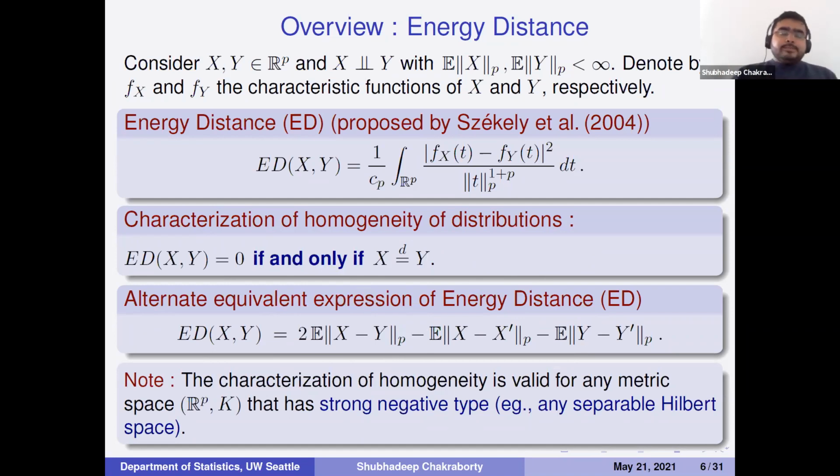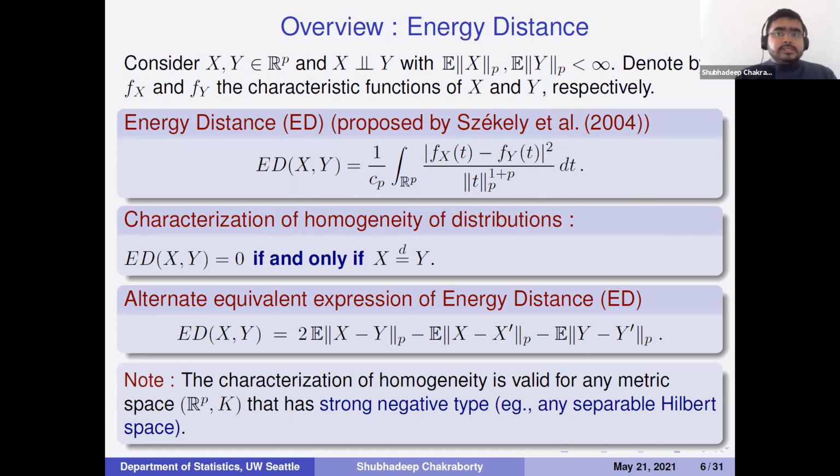The point is, until very recently, there has not been a lot of literature which investigates how well homogeneity metrics like energy distance behave when dimension grows to infinity, or in high dimensional frameworks. Is it still capable of capturing the homogeneity of two high dimensional distributions, or does it suffer from some limitations?